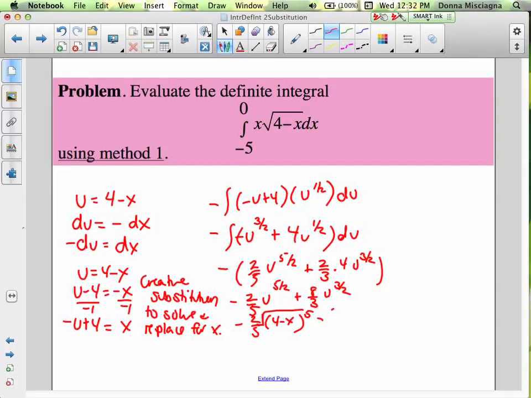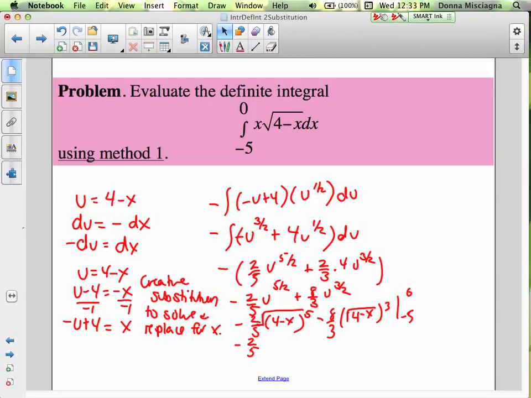Minus 8 thirds, so this is the square root of 4 minus x cubed. And now we're evaluating that from -5 to 0. At least it'll be a nice square root. All right, so we have negative 2 fifths.